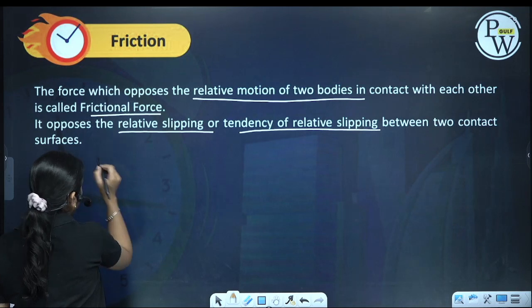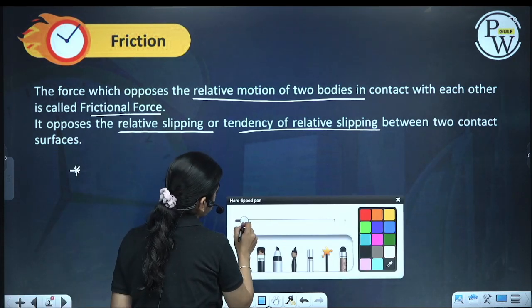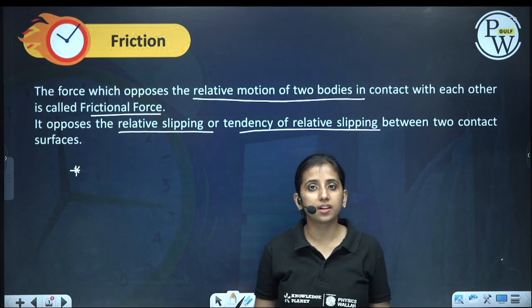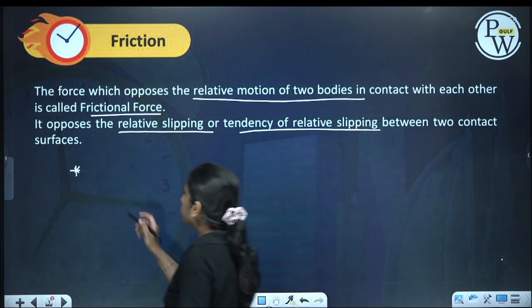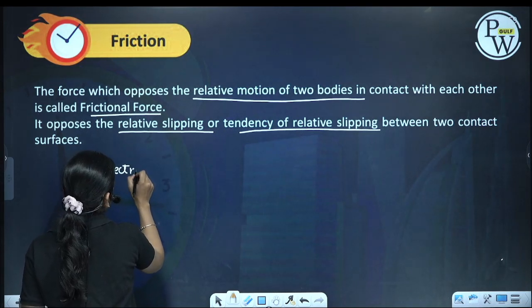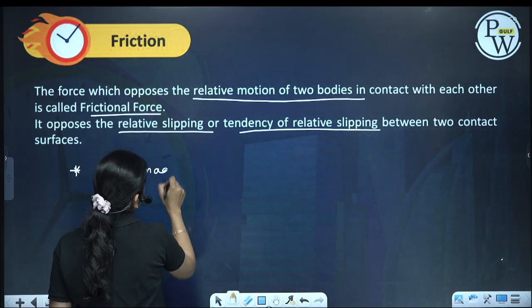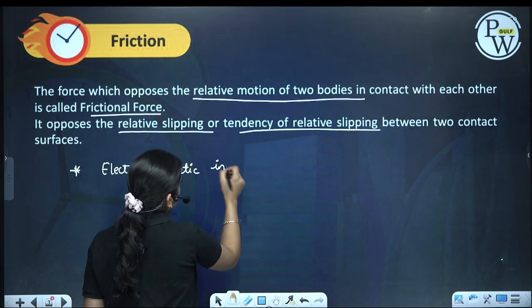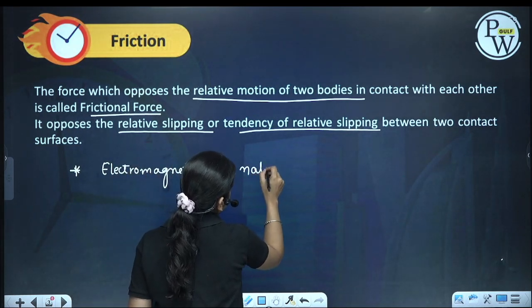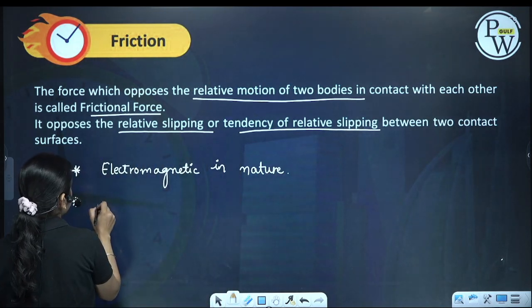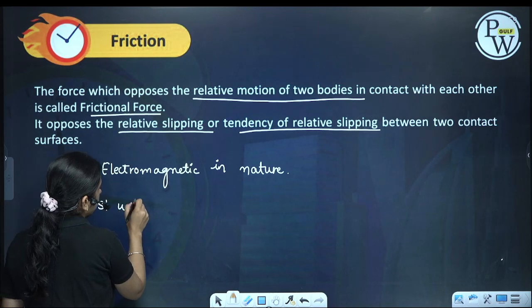Now, what is the nature of frictional force? We have four basic fundamental forces, and frictional force is electromagnetic in nature. Because it is a force, the SI unit of friction will be Newton.